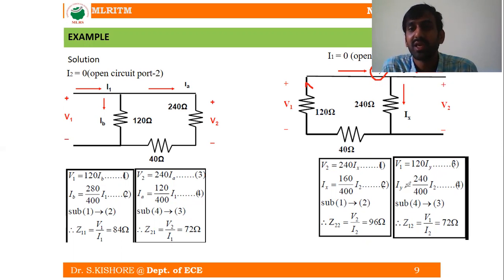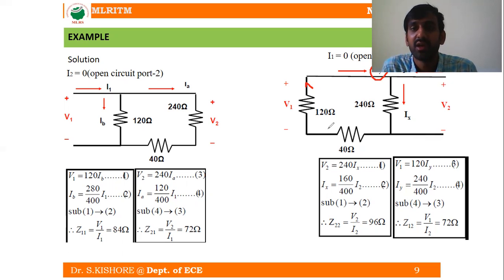Now let us apply the equation for IY. The source current flowing towards this side is I2, multiplied by the opposite resistance, the 240 ohm resistor, divided by the sum of the total resistances.